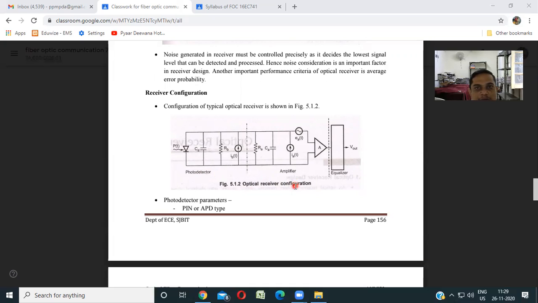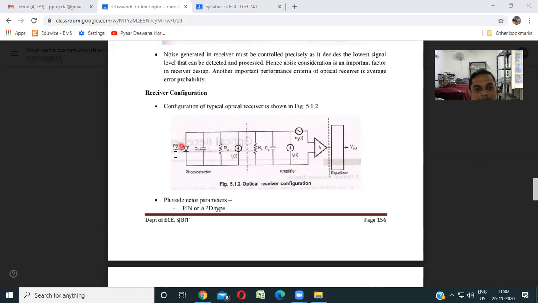The first part again has the photodetector. Here we have the photodetector capacitor, and RB, which is a bias resistor. CD is the capacitance of the detector. This diode is the photodetector, made of either PIN or APD.